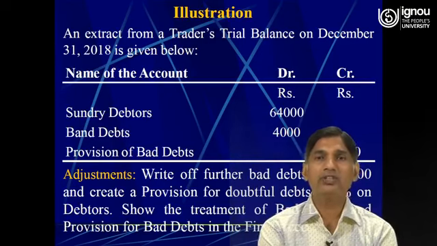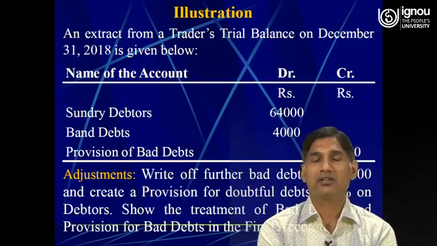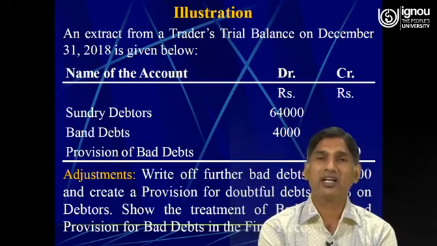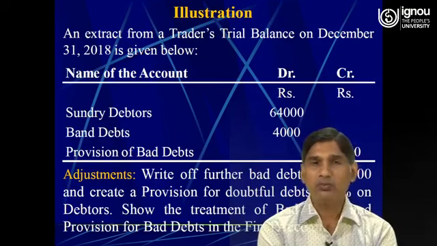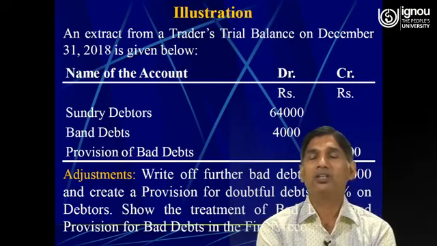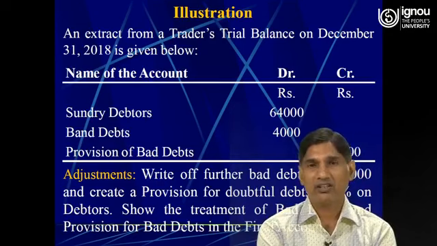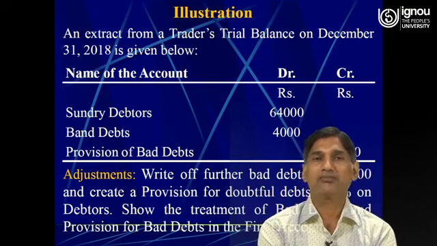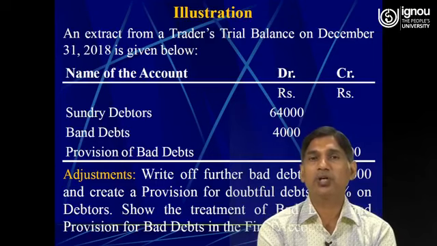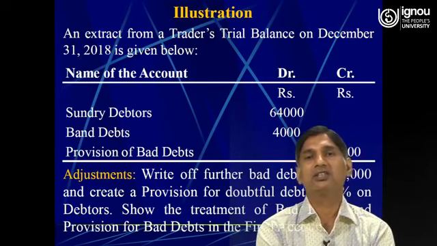The new provision we have to make on 62,000, as I have made it very clear that the new provision should be made on the amount of debtors after deducting the amount of further bad debts. So deduct rupees 2,000 from 64,000, so the amount is 62,000.